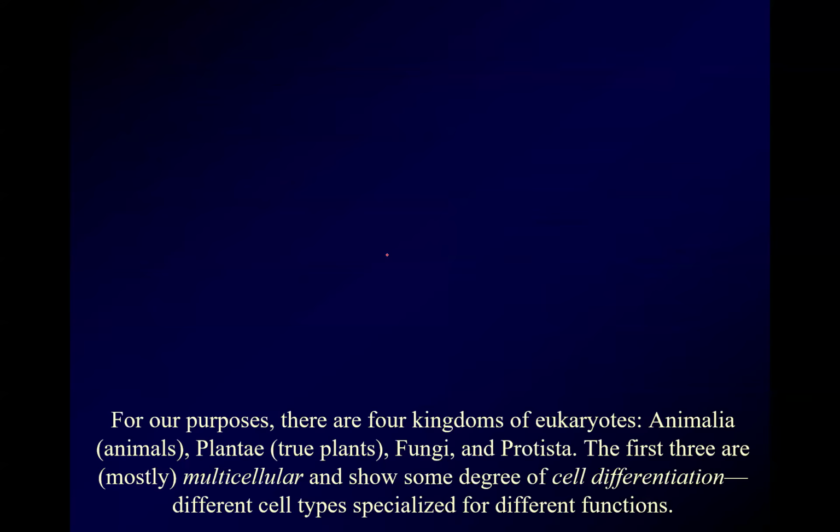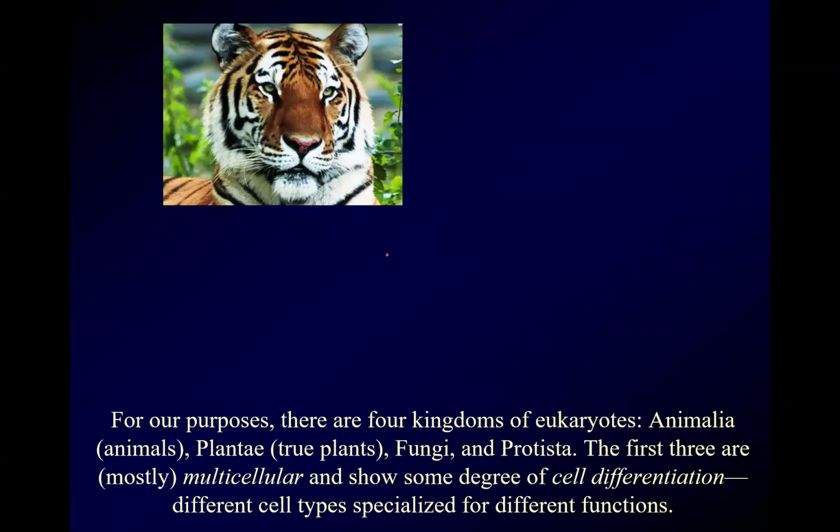We subdivide domains into kingdoms, and as far as you're concerned, there are four kingdoms of eukaryotes. The kingdom Animalia is the animal kingdom, and that includes all of the animals. Wow, how amazing.